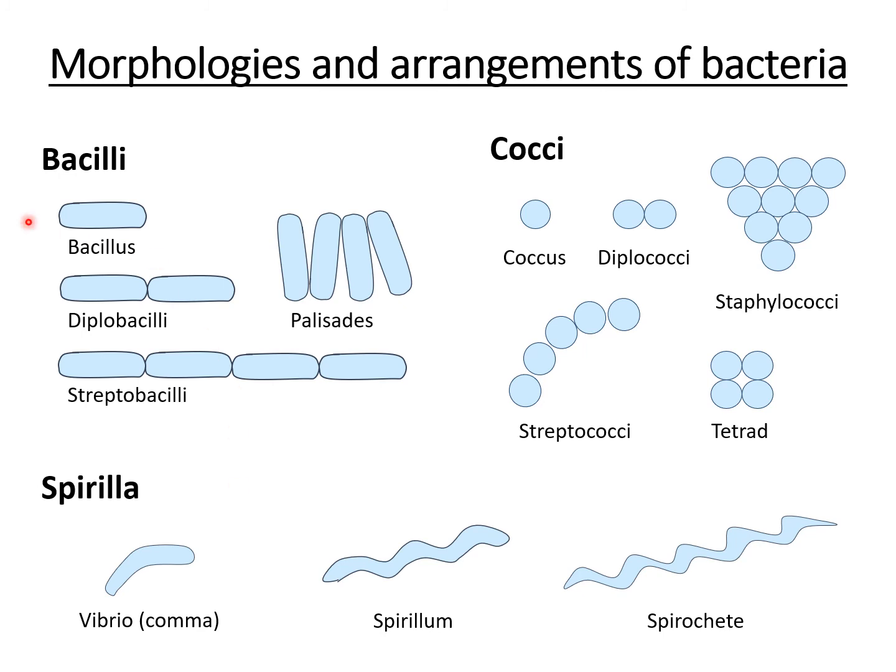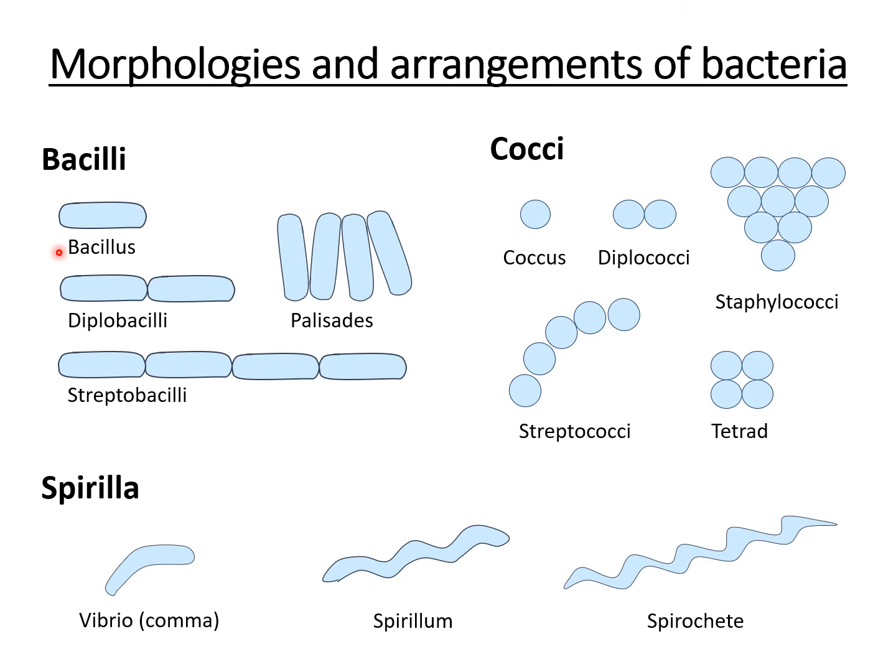So, bacilli is the plural of the word bacillus. What's bacillus? Bacillus means a rod. So bacillus is a rod-shaped bacteria, as you can see right here. A rod-shaped bacteria, we refer to it as bacillus.